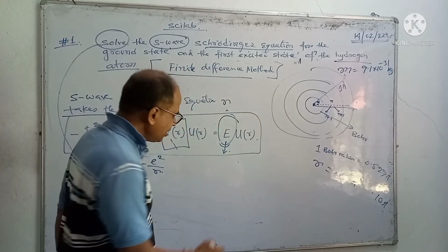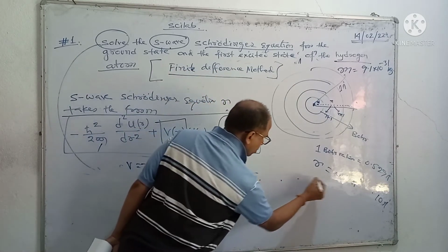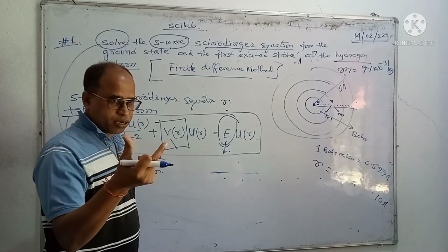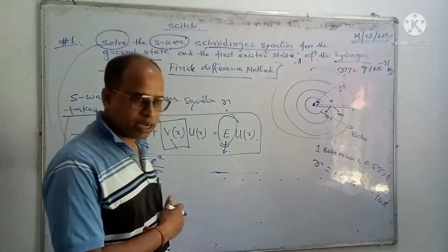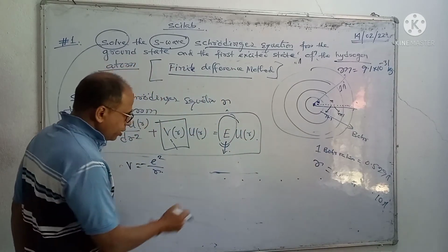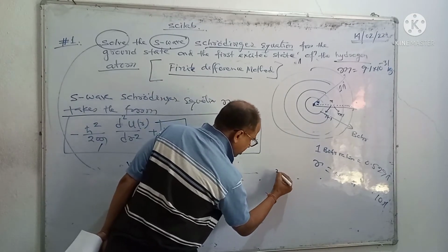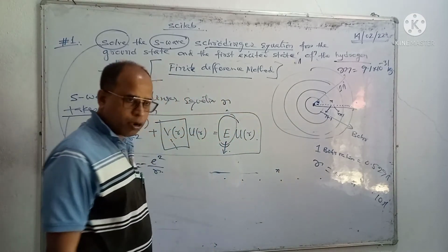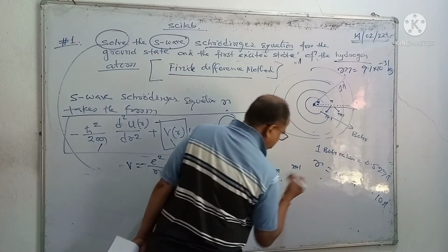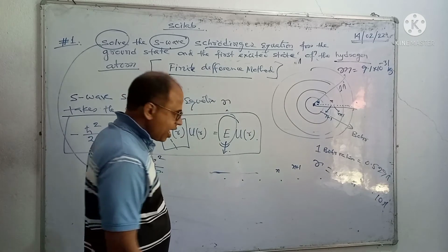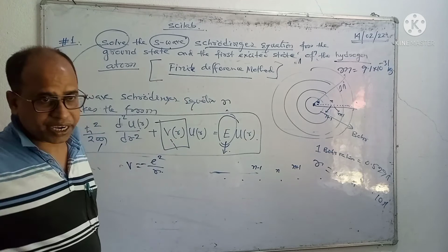Fine? Therefore, this is the grid. You have to generate the grid and this will give the r. Fine? Now, suppose this is the grid. Here I am taking this is the nth point of the grid, this is your n plus 1th point of the grid, and this is your n minus 1th point of the grid.